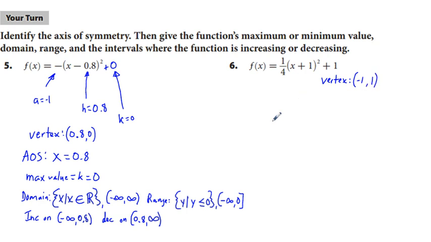Our axis of symmetry is going to be the equation x equals h. So we have x equals -1. Maximum, do we have a maximum or minimum value? Here we have a is greater than 0. So k is a minimum value.